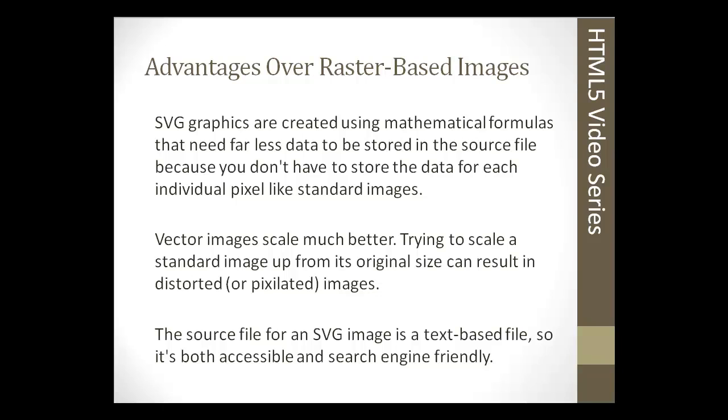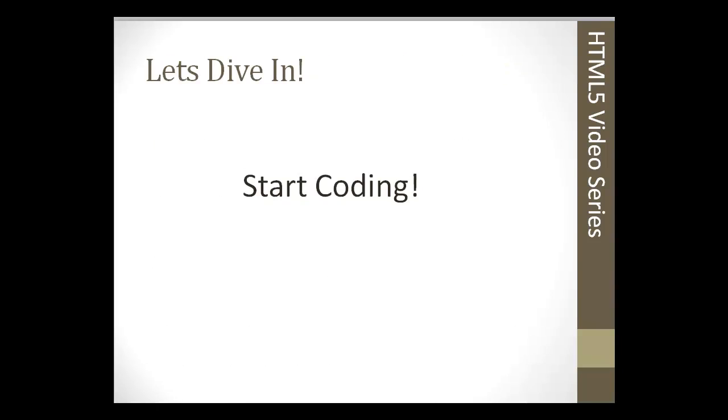SVG graphics are created using mathematical formulas that need far less data to be stored in the source file, because you don't have to store the data for each individual pixel like you would on any standard image. The source file for an SVG image is a text-based file, so it's good for SEO, it's good for the search engines, which is always good.